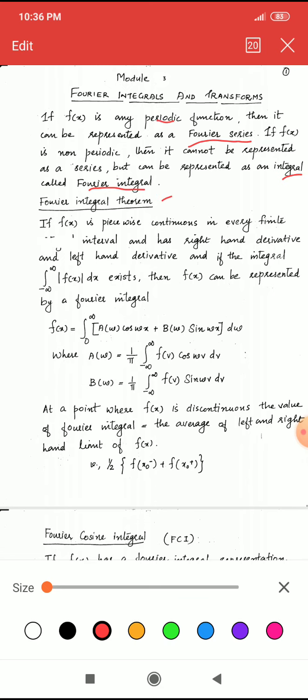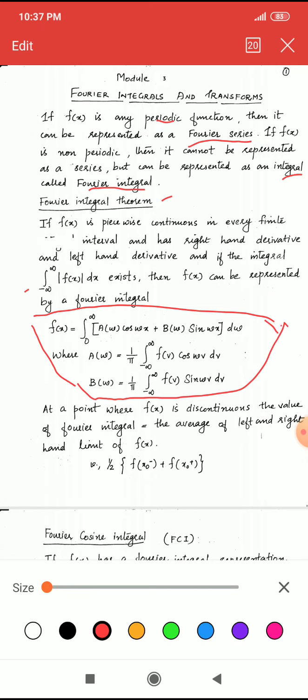Fourier integral theorem. If f of x is piecewise continuous in every finite interval and has right hand derivative and left hand derivative, and if the integral from minus infinity to infinity of mod f of x dx exists, then f of x can be represented by a Fourier integral. f of x is equal to integral 0 to infinity a of omega cos omega x plus b of omega sin omega x d omega, where a of omega is equal to 1 by pi integral minus infinity to infinity f of v cos omega v dv, and b of omega equal to 1 by pi integral minus infinity to infinity f of v sin omega v dv.